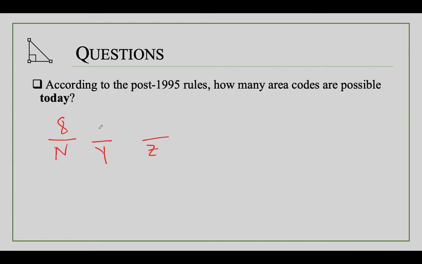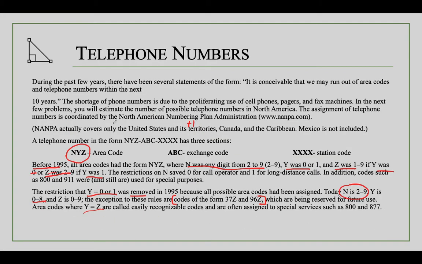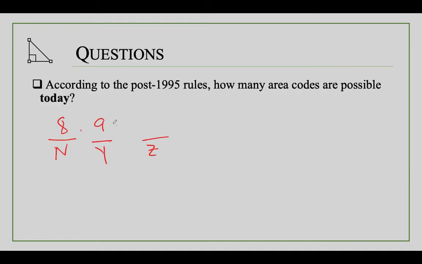So I have 9 options for y. And z I have 0 to 9, so 9 minus 0 is 9, plus 1 is 10. Okay. So that means 8 times 9 is 72, times 10 is 720. So that means I have 720 combos.